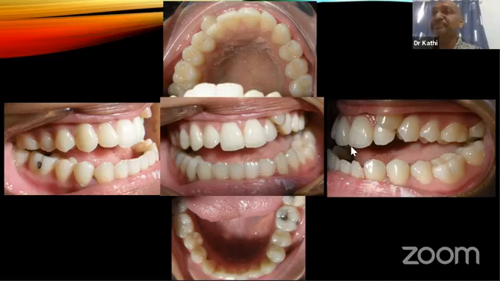Like this patient, we can see she has a vertical discrepancy, but this discrepancy can be because of the soft tissue or because of the skeletal, because of the bone. So we do measurements in the photograph like this, and see which part is not symmetrical.